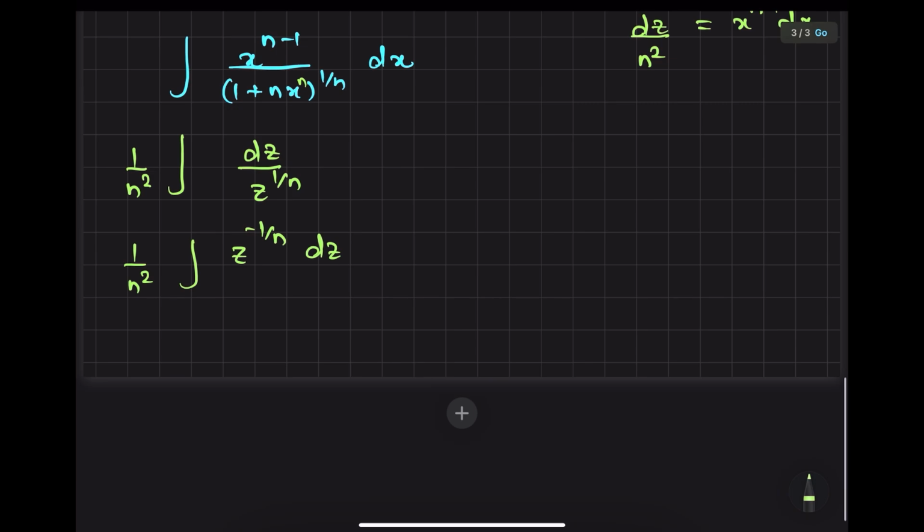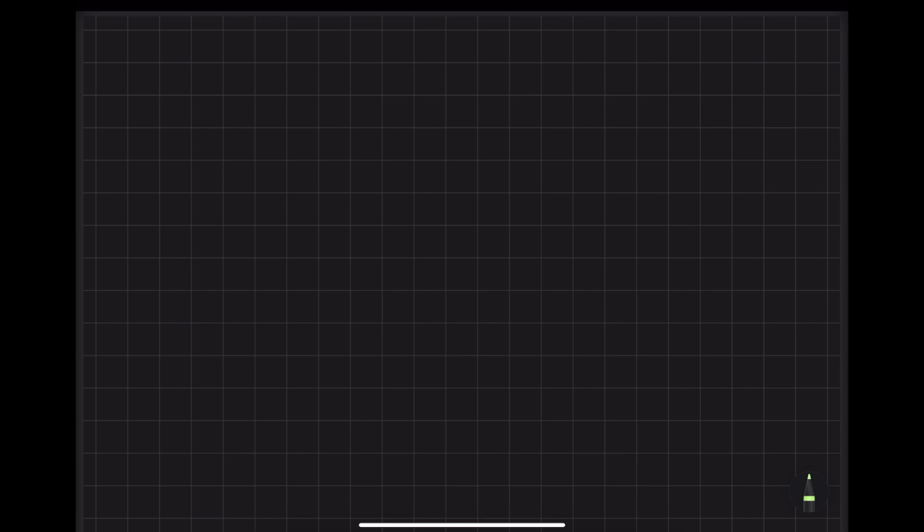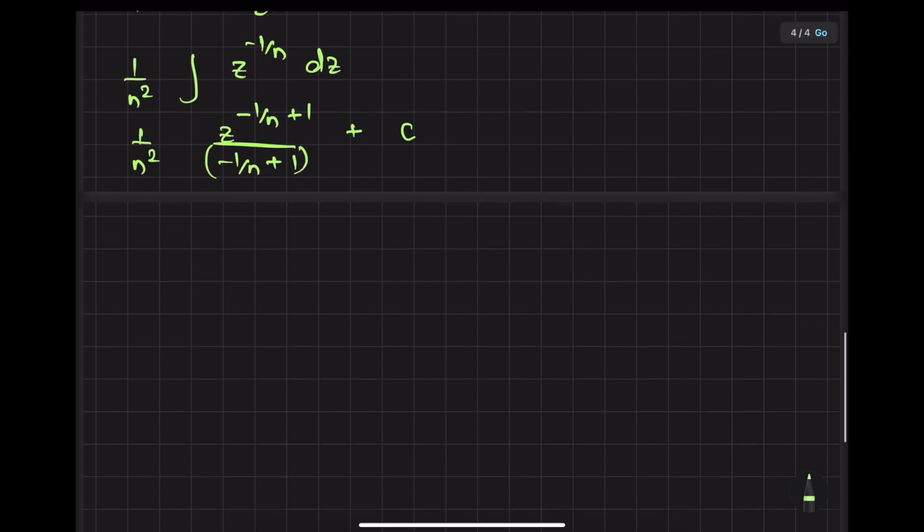Now you know the integration of this function, which is easy. So can I write z to the power (minus 1 by n plus 1) upon (minus 1 by n plus 1), and then plus integrating constant c. Let's do a little bit more simplification. So can I write 1 by n square, and then look at the denominator.